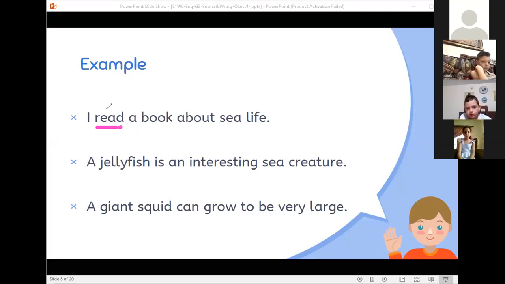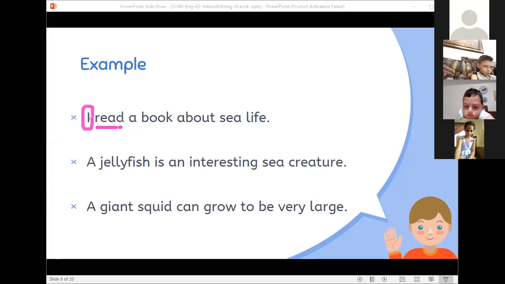We have to ask ourselves, who are we talking about in this sentence, or who is doing the action? I read a book about sea life. So who is doing the action here? I. So this is the naming part.